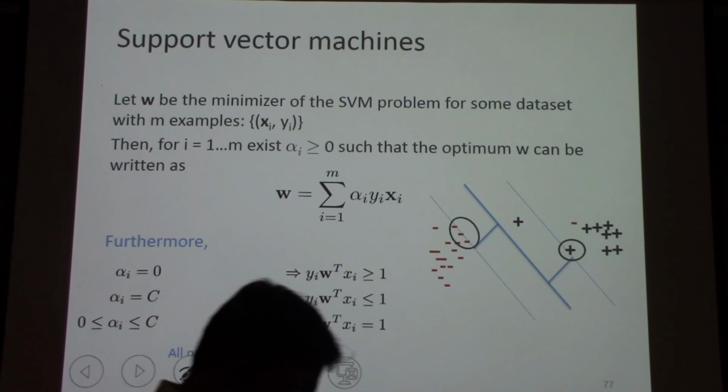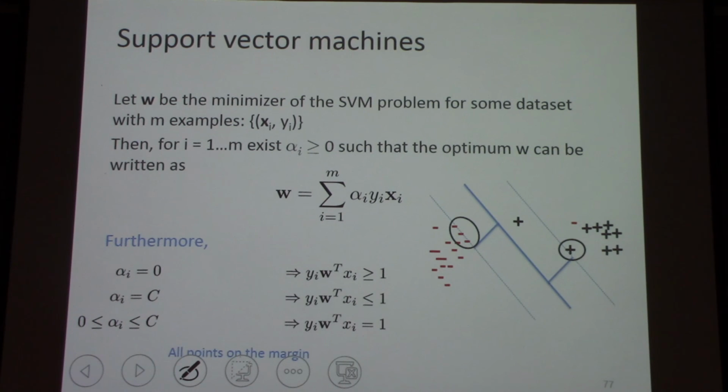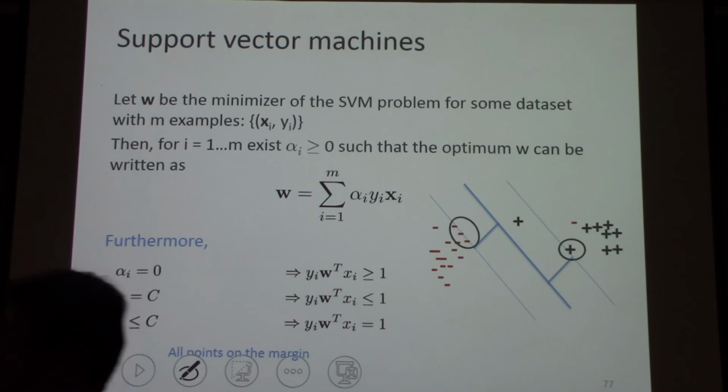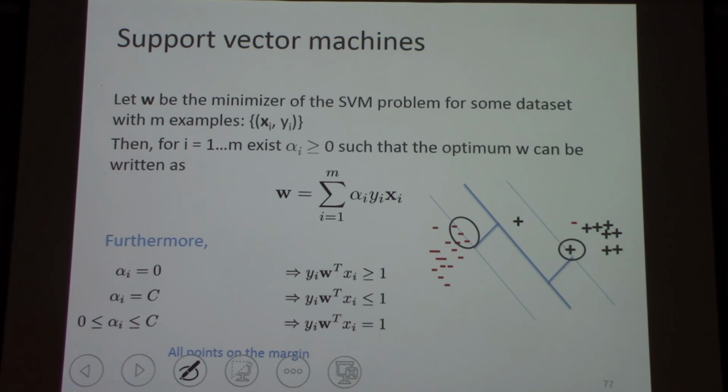So, just to summarize, the final weight vector at optimum will be a linear combination of yi xi, and only those points that are either on the margin or on the wrong side of the margin will have a say in that final weight vector, because the other points have an alpha equal to 0. So all these points do not contribute to the sum.